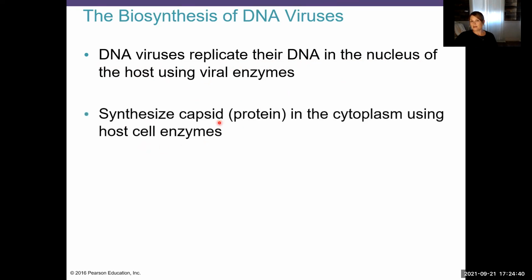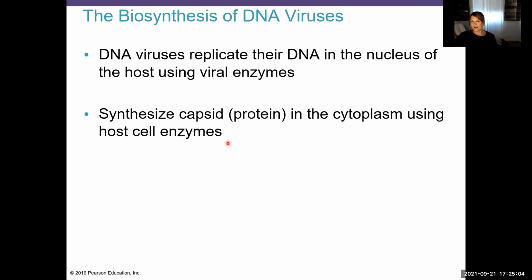Okay, so once that DNA gets transcribed and translated, that will synthesize the capsid proteins in the cytoplasm using host cell enzymes. So viral enzymes inside the nucleus is typical, but host cell enzymes outside the nucleus make the proteins: host ribosomes, host tRNA, host RNA polymerase.